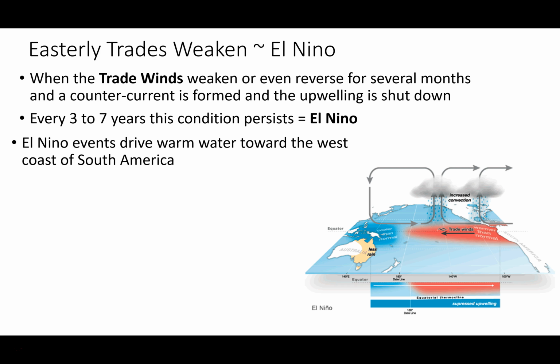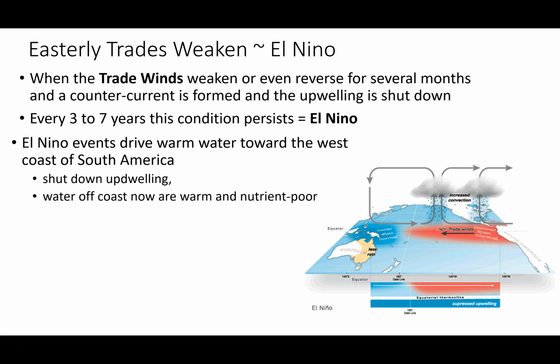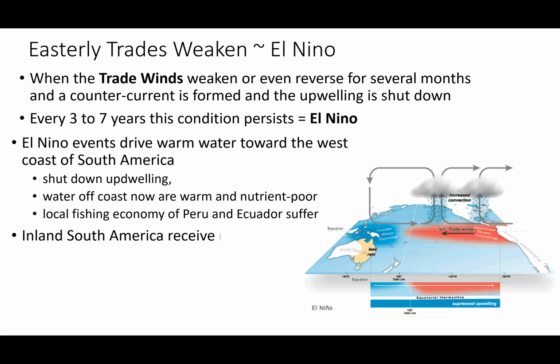So El Nino events then go ahead and the warm water and the precipitation stay here. Over in Australia and the Indonesian islands, they literally see more land. They actually see their sea level drop. So the upwelling shuts down, water off the coast is now nutrient poor, fishermen aren't happy.